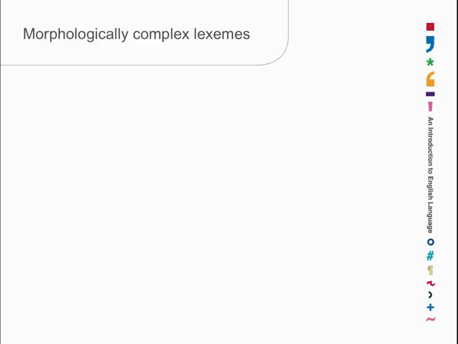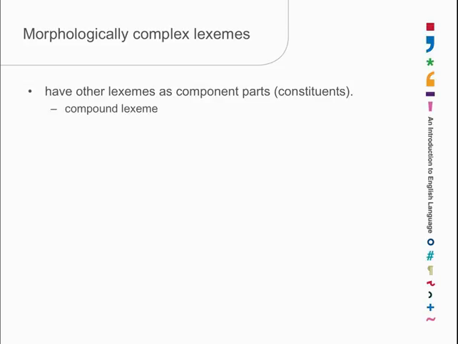The first thing to note about morphologically complex lexemes is that they have other lexemes as component parts. The way in which linguists talk about component parts is they often call them constituents. The component parts of anything are its constituents. Well, there are two sorts basically of morphologically complex lexemes. There are compounds.